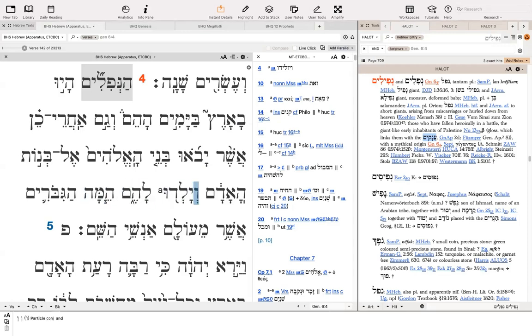And the only way to really translate that to make sense is, and they bore to them, comma, they, insert a linking verb here, are hagiborim, the warriors, the great ones, the mighty ones. Hagiborim, asher, which me'olam, from eternity. Now, in later Hebrew, this word olam means world.